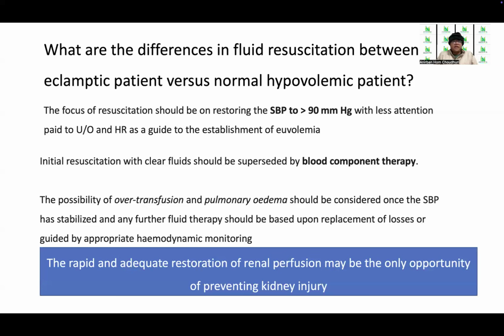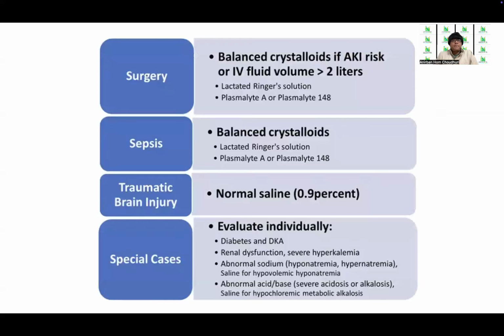So the rapid and adequate restoration of renal perfusion may be the only opportunity of preventing acute kidney injury in such patients, because as we know, they may already have badly damaged kidneys or at least some amount of kidney dysfunction.